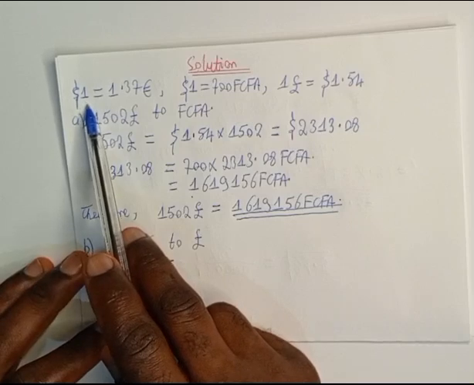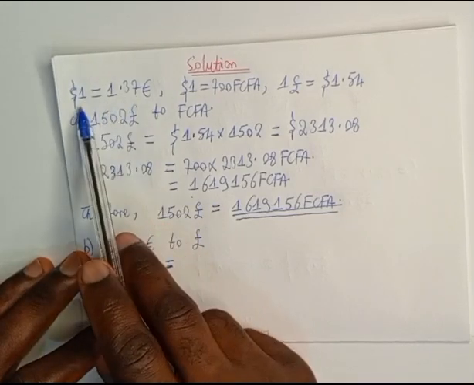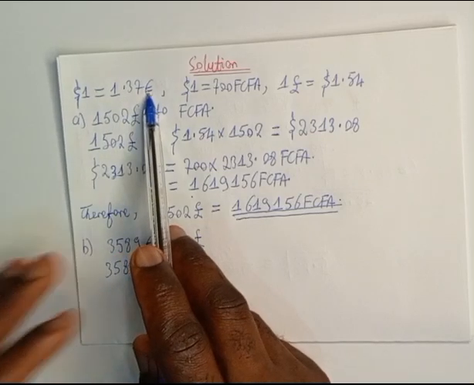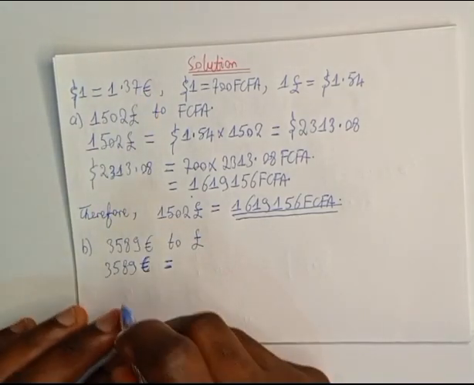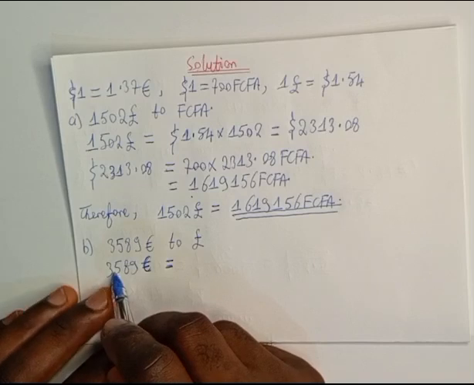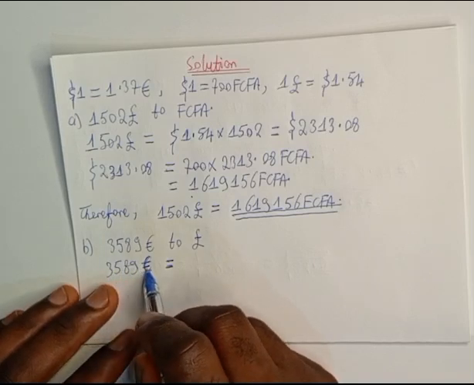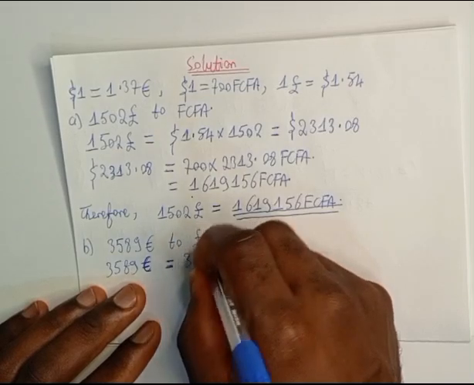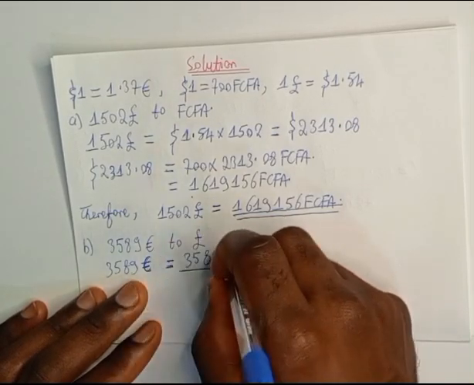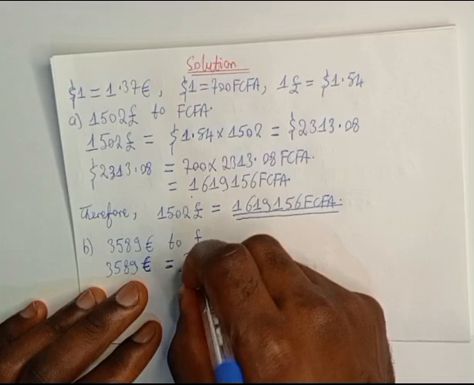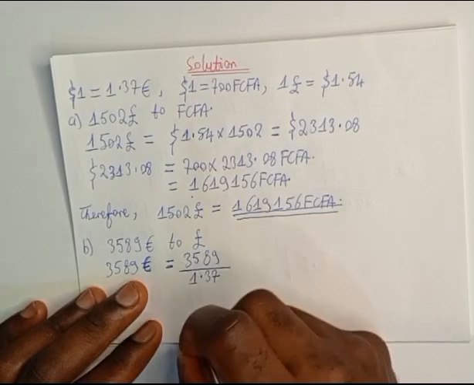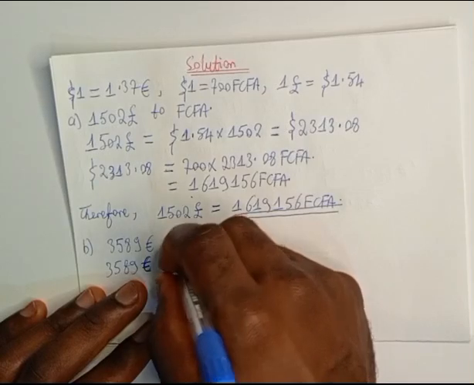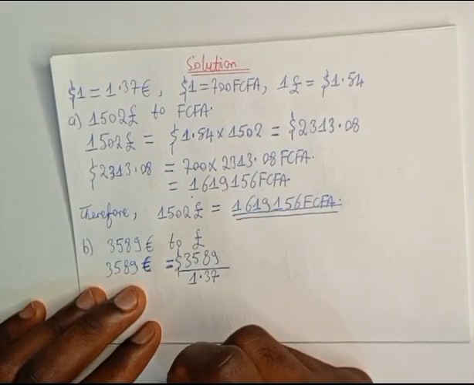Look at the exchange rates, you'll notice that the dollar is a higher currency to the euro. So for us to convert 3,589 euros to dollars, we are going to divide the amount 3,589 by the exchange rate, which is 1.37, and the currency will be the dollars.